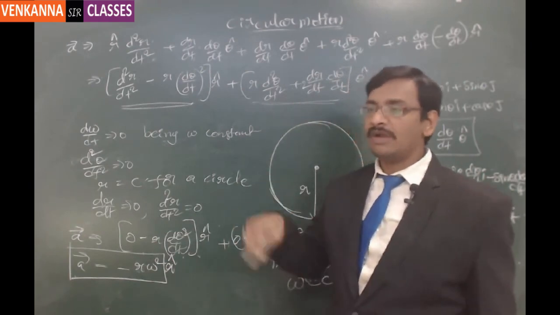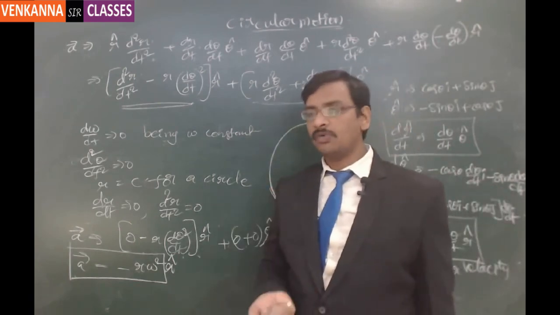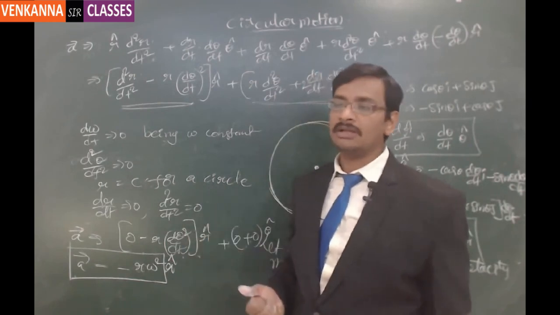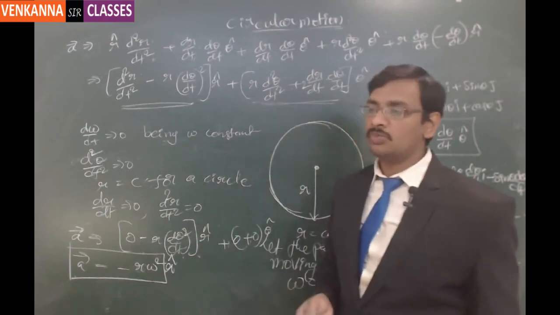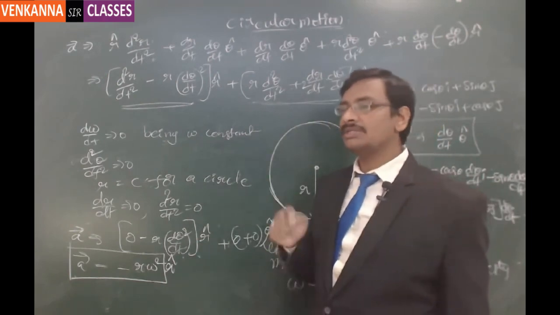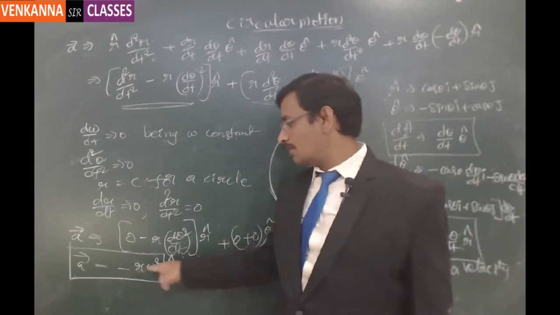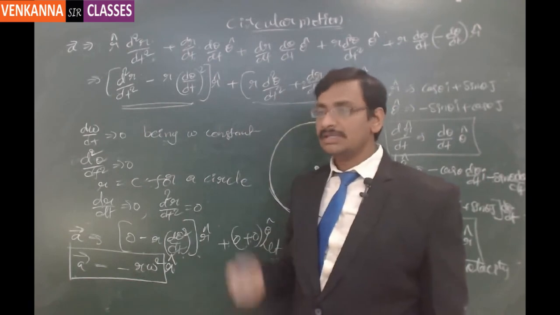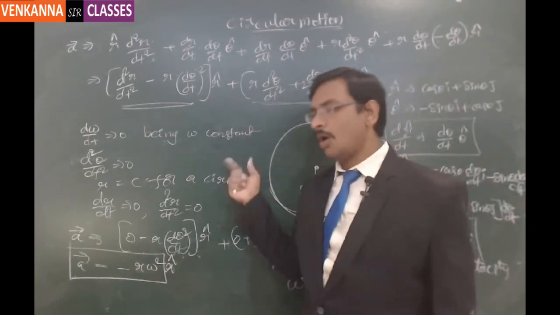So r omega square is the acceleration which is acted towards the center always. In a circular fashion, when a particle is trying to move, there has to be a centripetal force which will hold that particle in that circular path. Earlier, when we tied a particle with a thread and tried to move it, the tension in the thread is the centripetal force, equivalent to minus r omega square r cap. The same tension is balanced by the same force in the opposite direction.